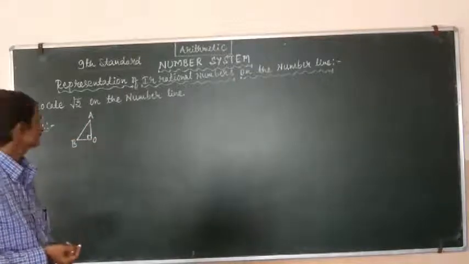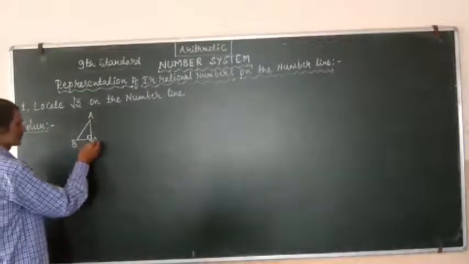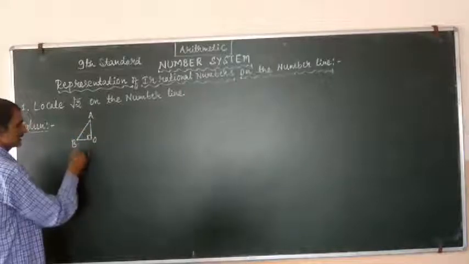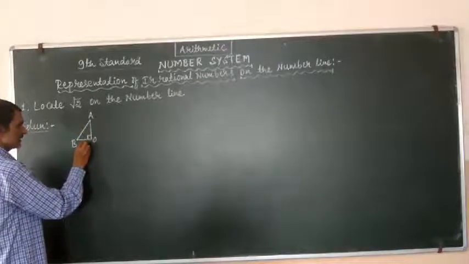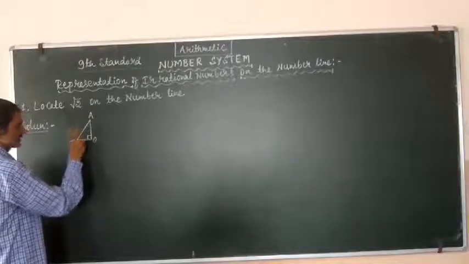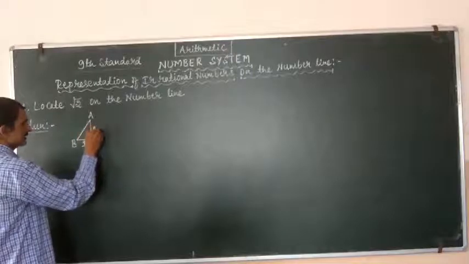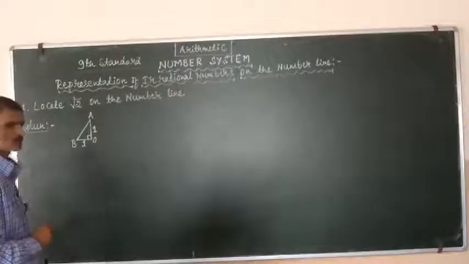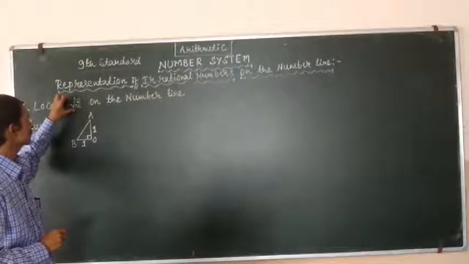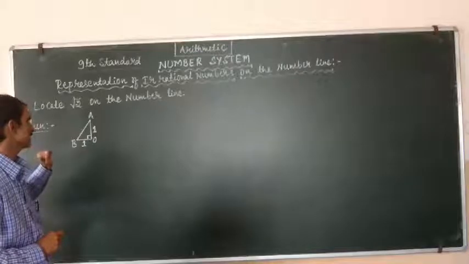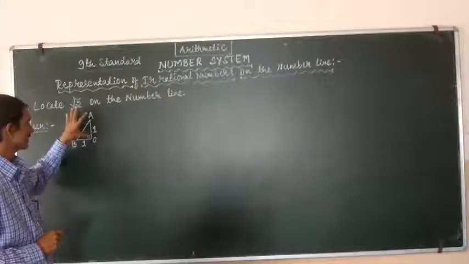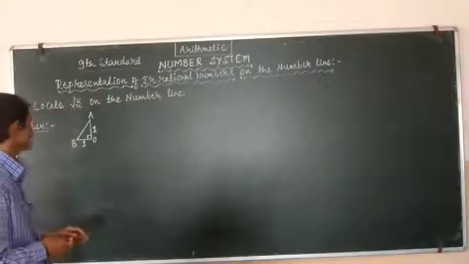So AOB is a right angled triangle. The length of OB is 1 unit and the length of OA is also 1 unit. Because we want to represent root 2 on the number line, we have to take OB as 1 unit and OA as 1 unit.